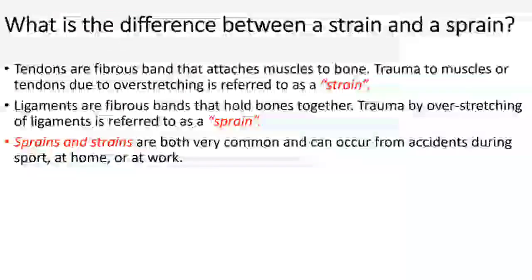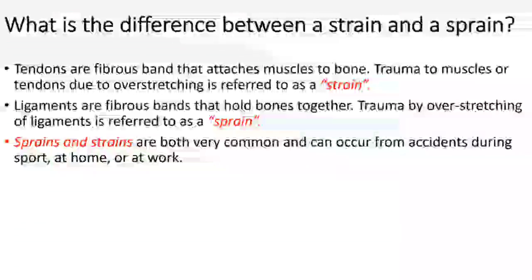What is the difference between a strain and a sprain? Tendons are fibrous bands that attach muscles to bone. Trauma to muscles or tendons due to overstretching is referred to as a strain.